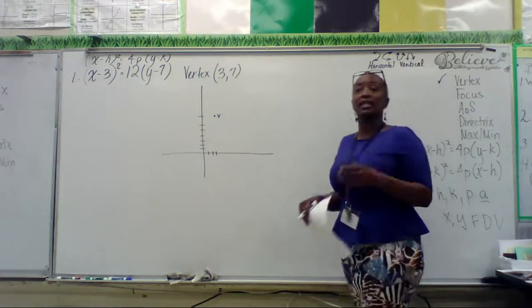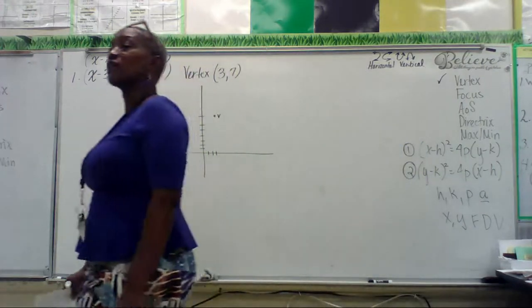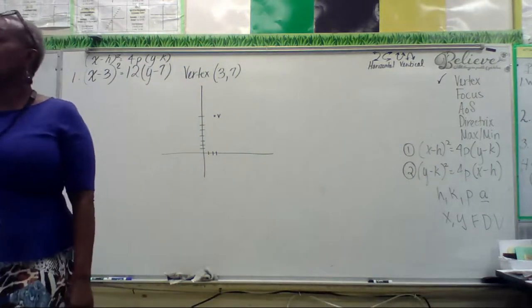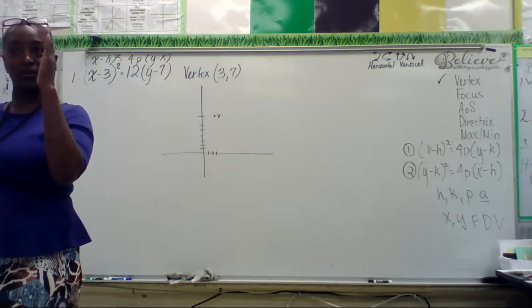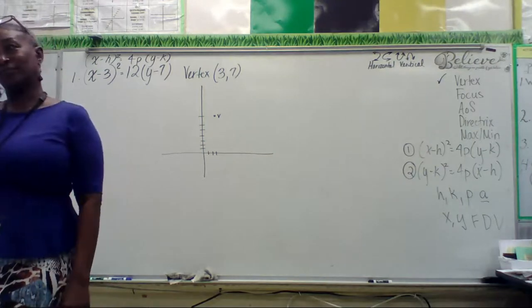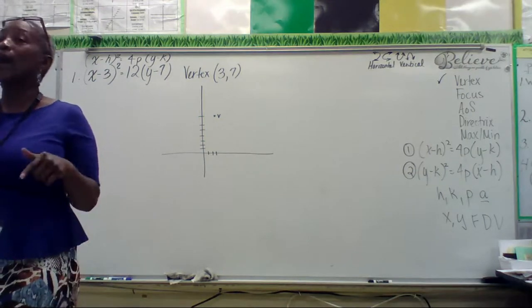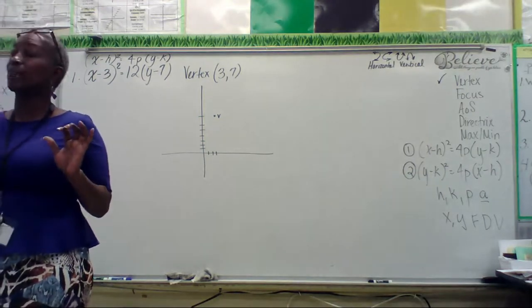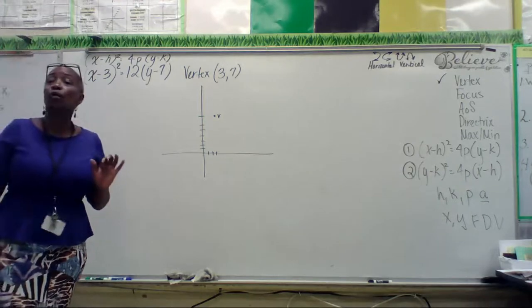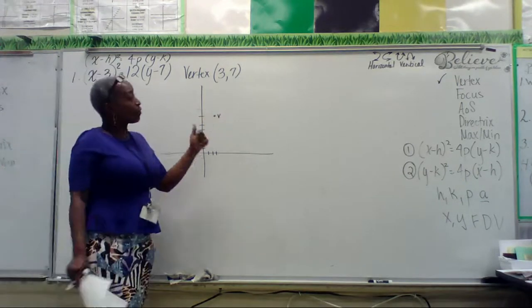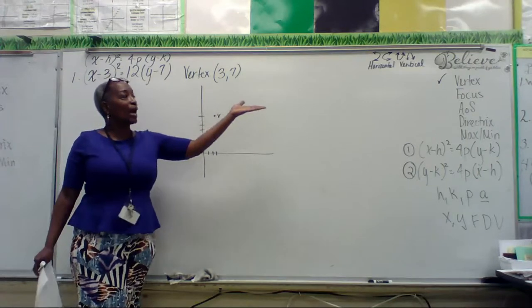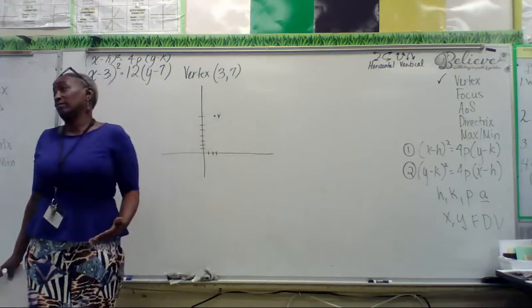Before you draw your axis of symmetry, you need to know if it's opening horizontal or vertical, because that determines whether your axis of symmetry is vertical or horizontal. The parabola is symmetric with the axis of symmetry. So how do we know whether it's horizontal or vertical? That's the key.